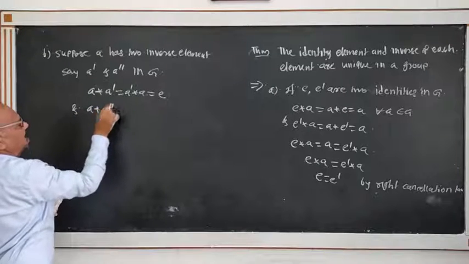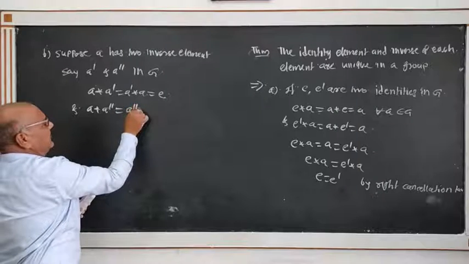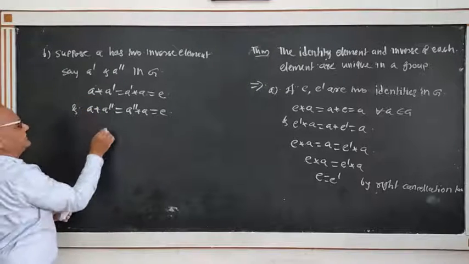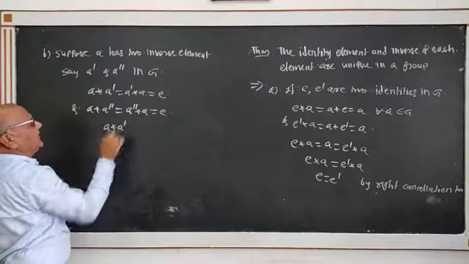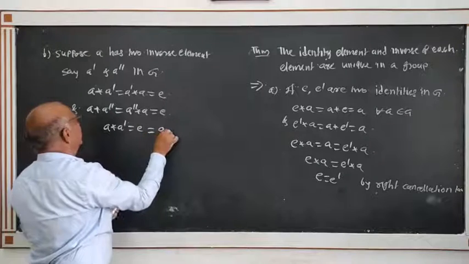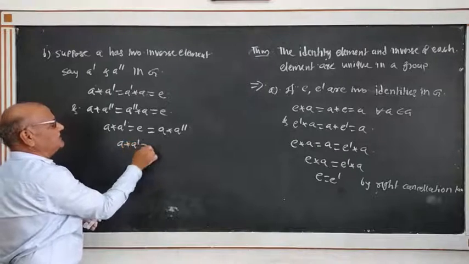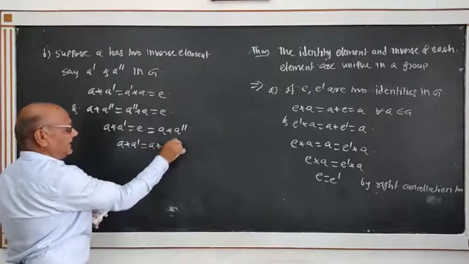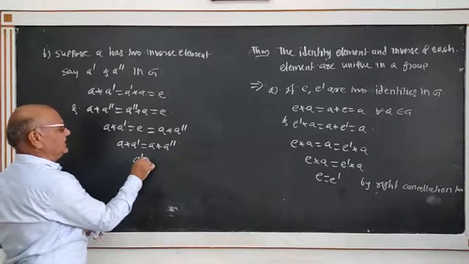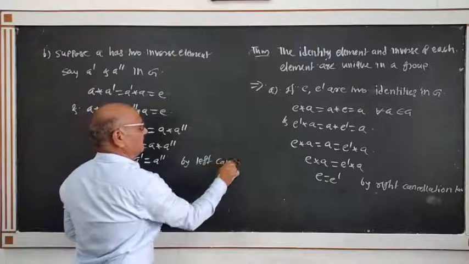A star A double dash is equal to E, as A double dash is again an inverse of A, so A double dash star A is equal to E. Here, A star A dash is equal to E, and again E is equal to A star A double dash. This gives A star A dash is equal to A star A double dash, and by left cancellation law, A dash is equal to A double dash.